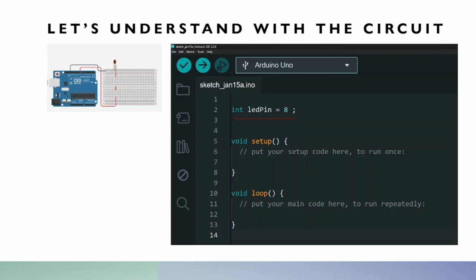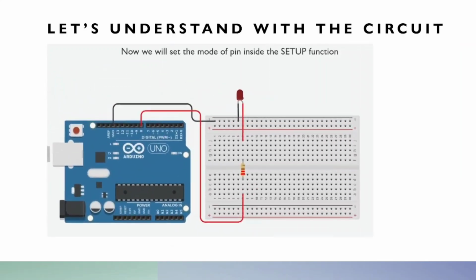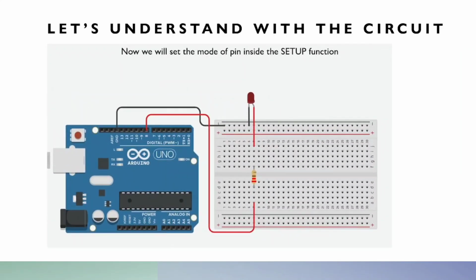Now let's move further. Now we will set the mode of this pin inside the setup function. pinMode will define or assign the function of this pin, whether it will be used as an input or as an output.